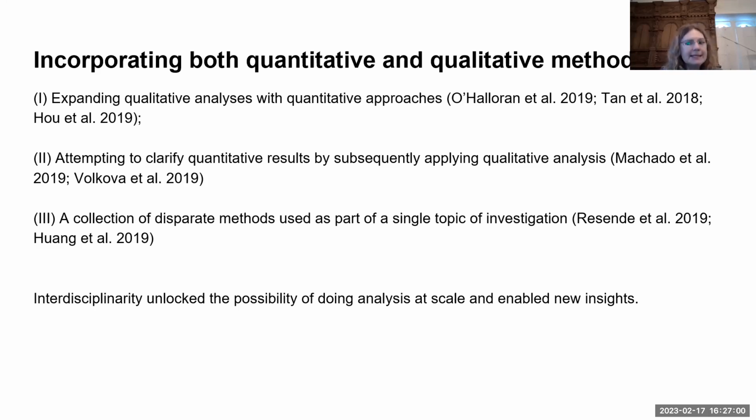Expanding qualitative analysis with quantitative approaches; attempting to clarify quantitative results by subsequently applying qualitative analysis; and a collection of disparate methods used as part of a single topic of investigation.